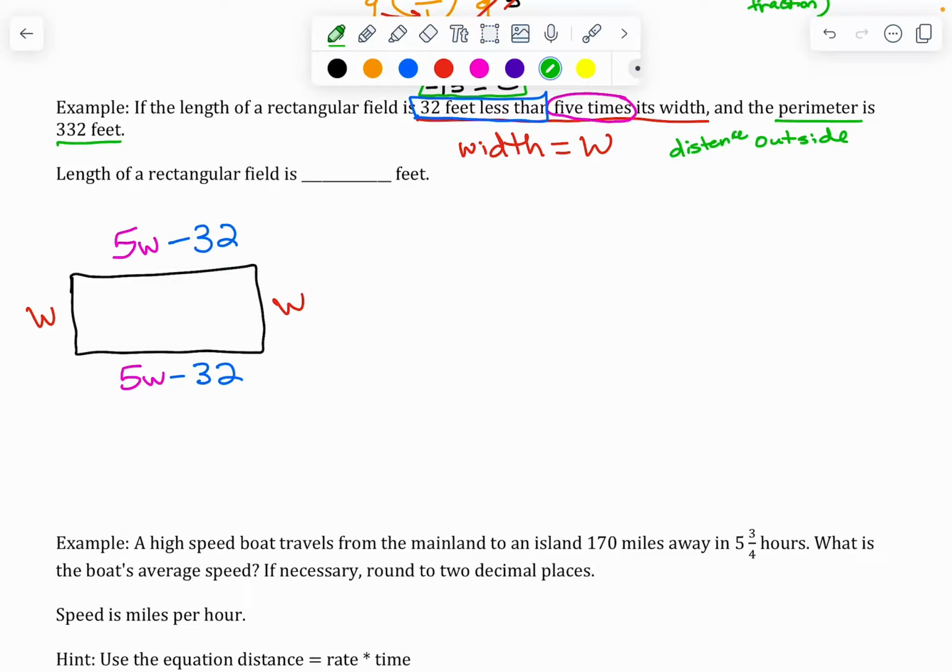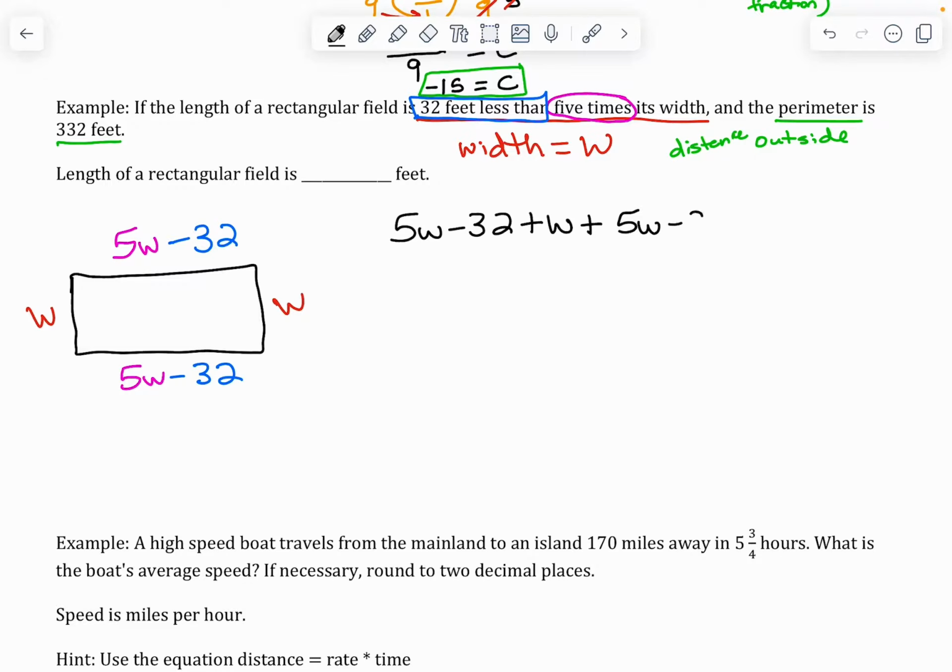So if we add up all the sides, we're going to take 5W minus 32 plus W plus 5W minus 32 plus W equals 332 feet.